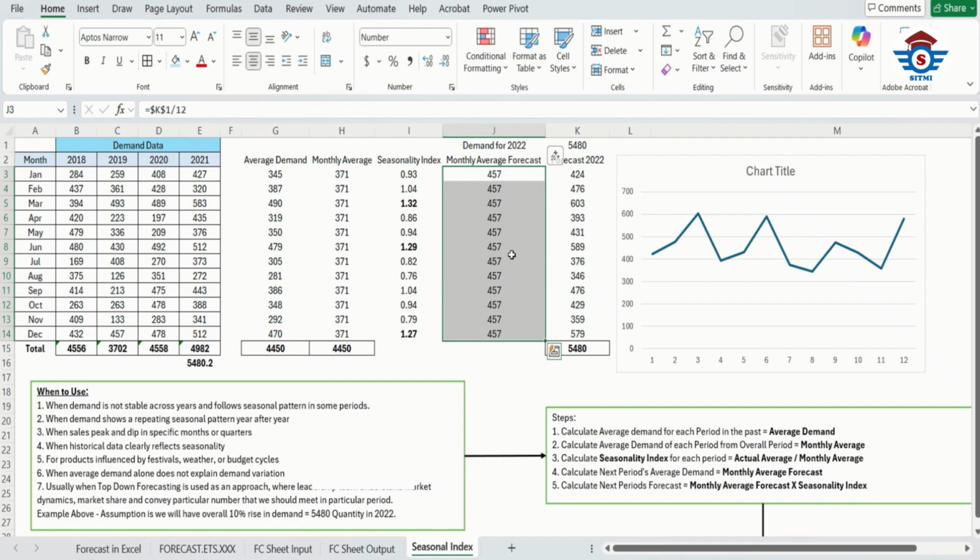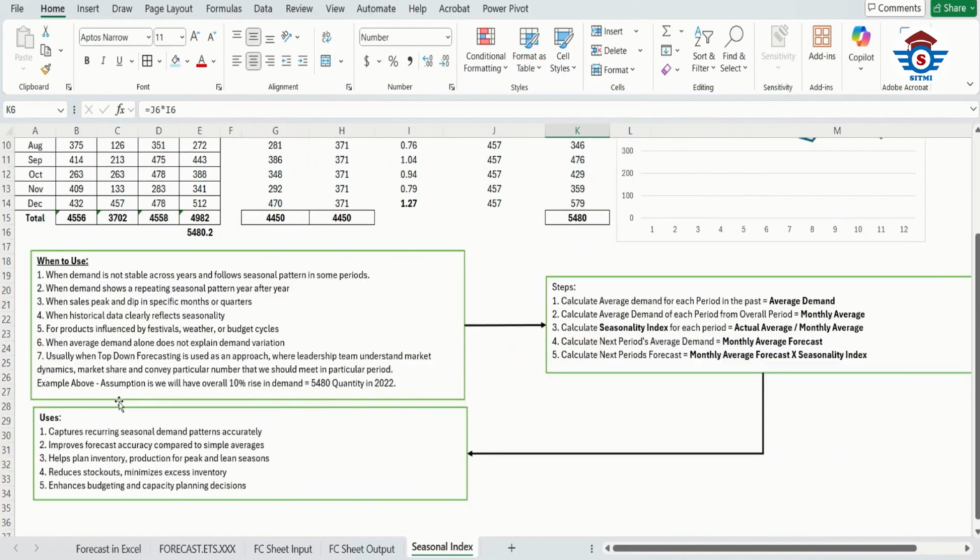But we know that some months have low demand. Let's say in the month of April, the demand is only 393, but the ideal average is 457 units. So we have to also consider when demand goes up and when demand goes down, and in those periods we have to adjust forecasts in a cautious way.